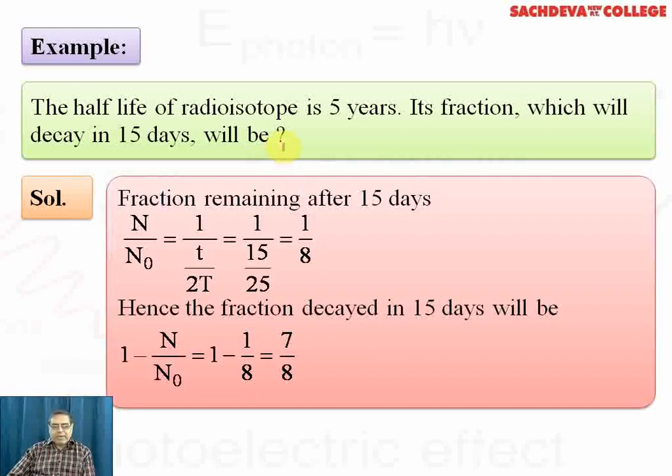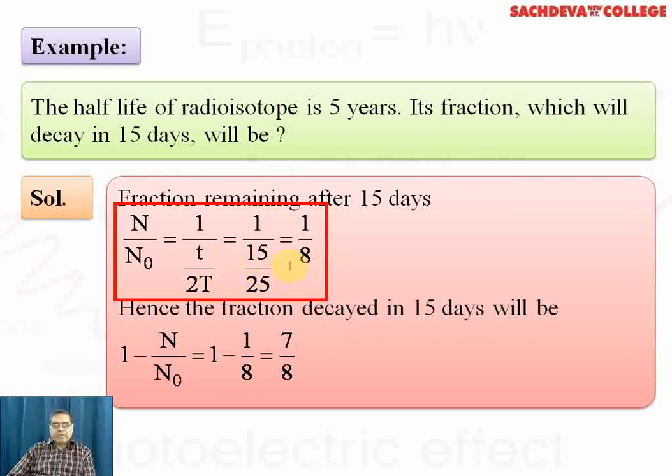Now again, our equation is n is equal to n naught e to the power minus lambda t, and from that we get n over n naught. So by taking the composition as n over n naught, we will take it as 1 over 2 to the power t over T. Then the values are given to us.